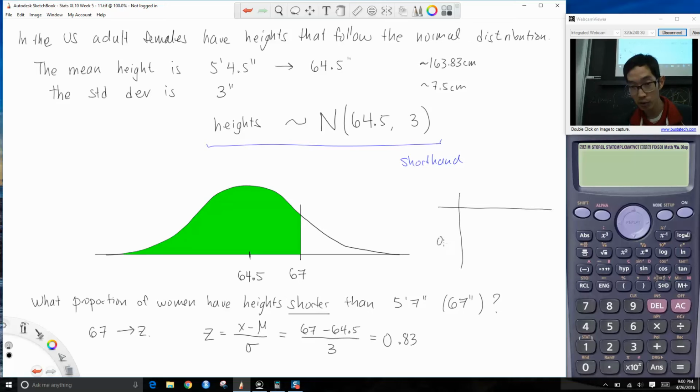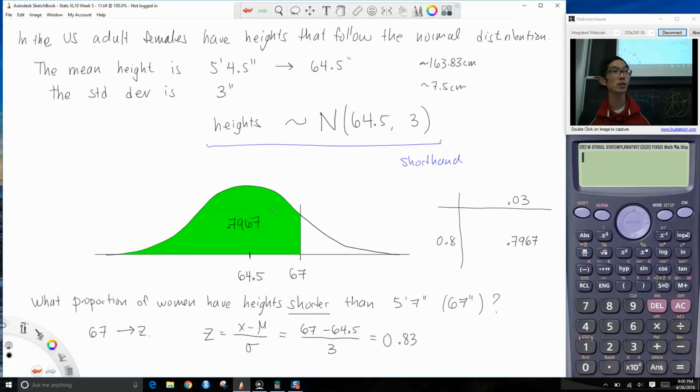I go to the row 0.8, the column 0.03, and what do we have? We have 0.7967. Okay, is that my answer?